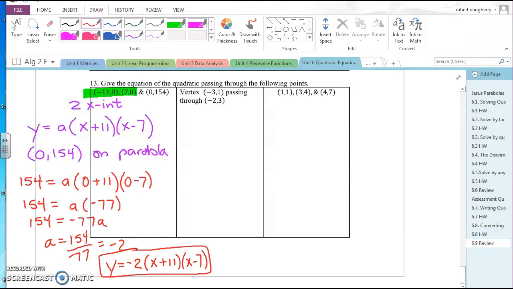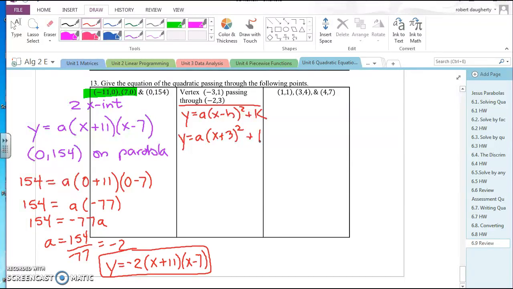Next equation, a parabola that has a vertex of negative 3, 1 passing through negative 2, 3. Well, I'm going to use vertex form, x minus h squared plus k. So this is y equals a, x plus 3 squared plus 1.